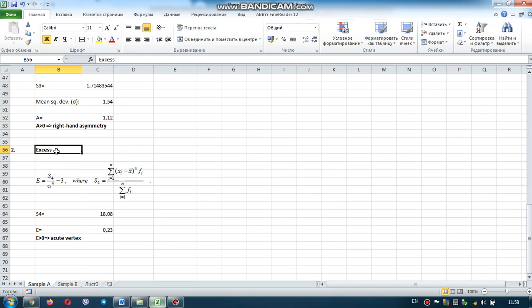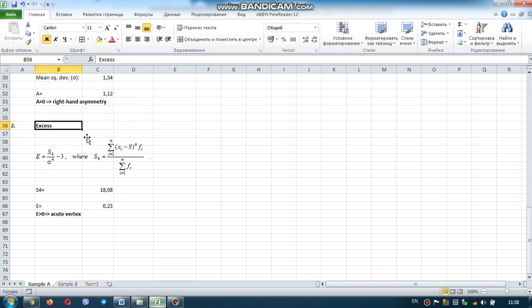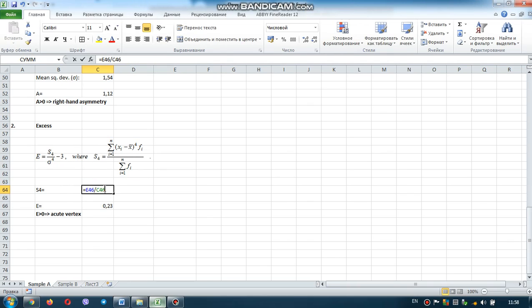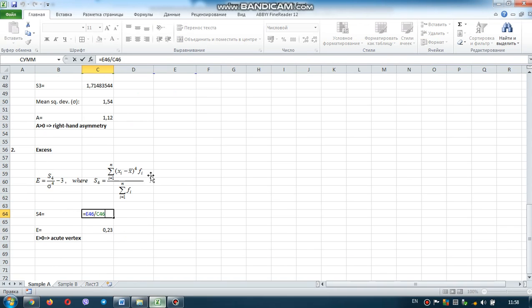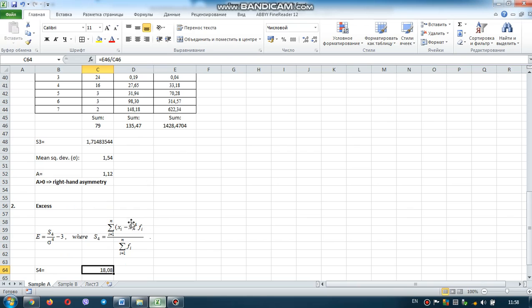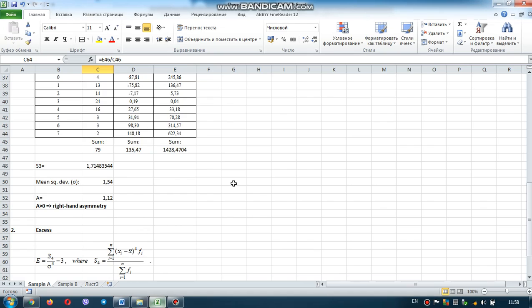Then we have to determine the excess. The excess is calculated as follows. We have to determine the E value and the S4 value. The S4 value is calculated in such a manner. We have to know the sum of the values for the numerator, but these values are calculated for a specific purpose.